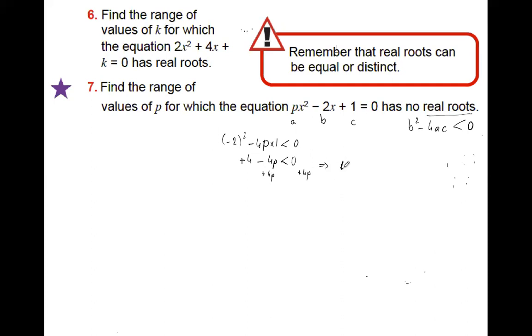That means I've got 4 less than 4p, and I divide by 4 each side. That means 1 less than p, or p greater than 1. So if I put p greater than 1, for example 2, 3, 4, I'll have no real roots. That's how you would answer this question.